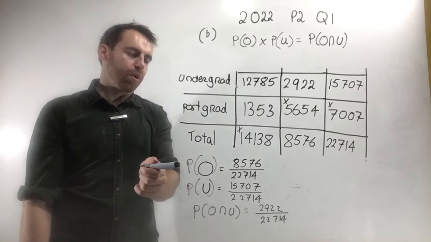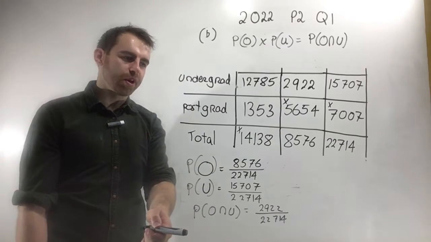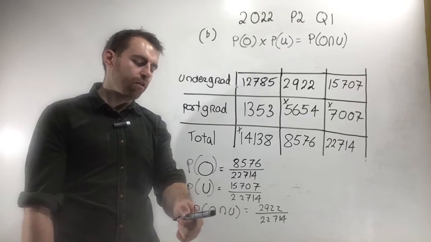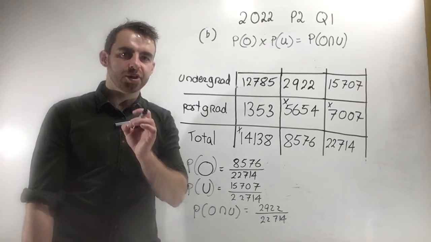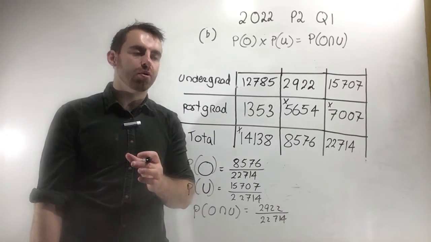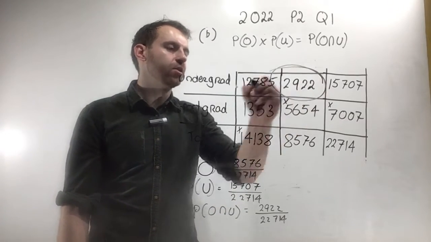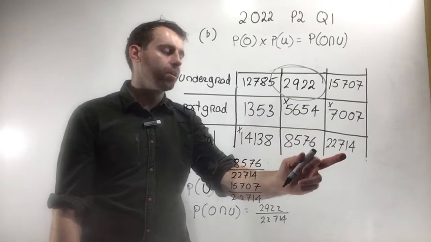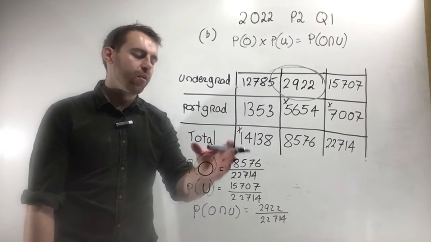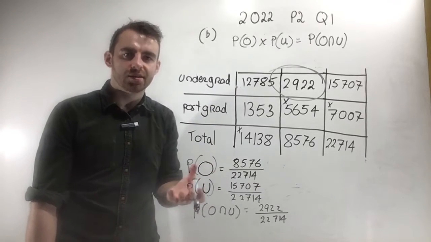I've already worked out the probability of O and the probability of U, so the other thing we need to work out is the probability of O intersection U. In other words, the proportion of students that are 24 years or older and are undergrads. They need to be both of them, and that is 2,922. So you take this and you divide it by the total number of students. So now I have my three probabilities. I'm just going to sub them into my formula and see does it work.